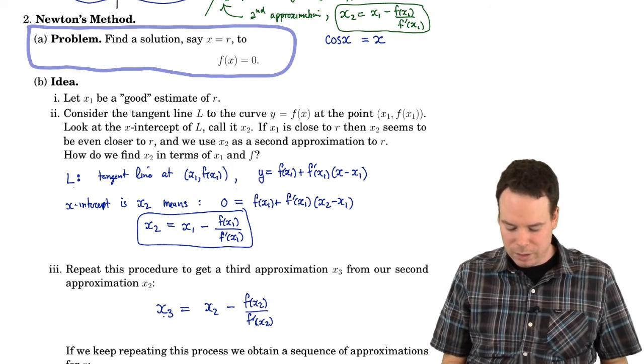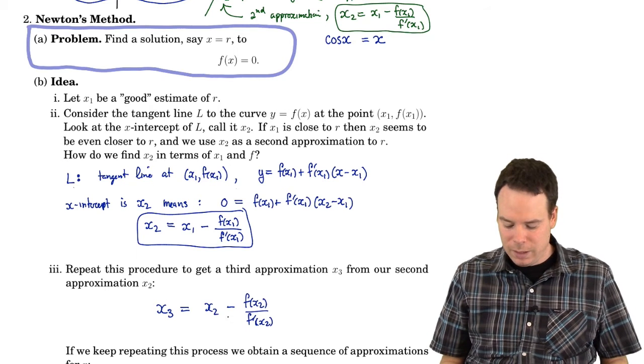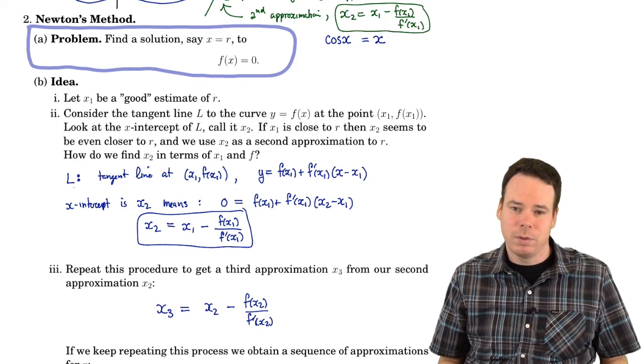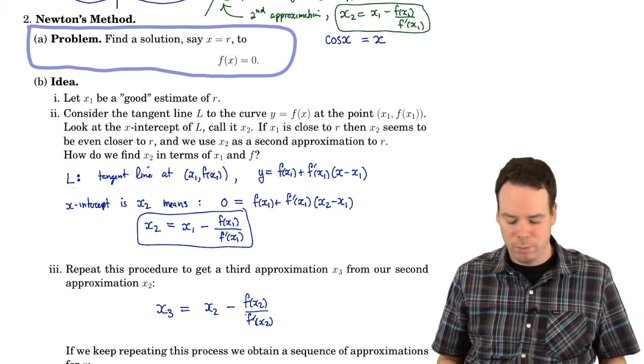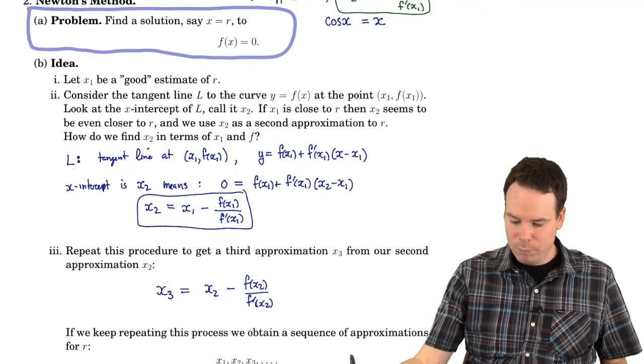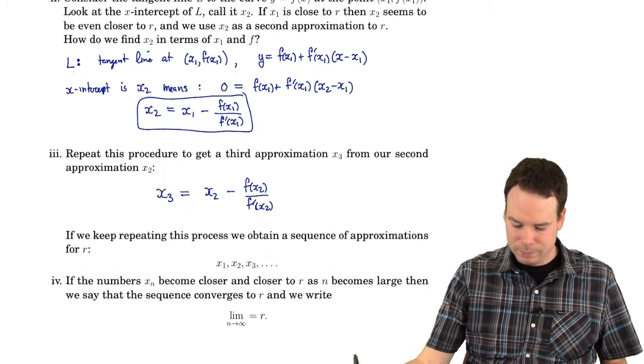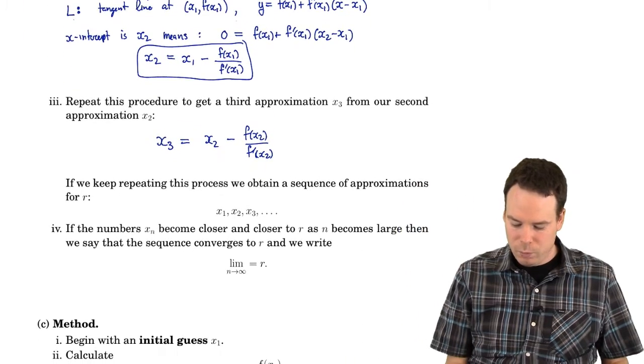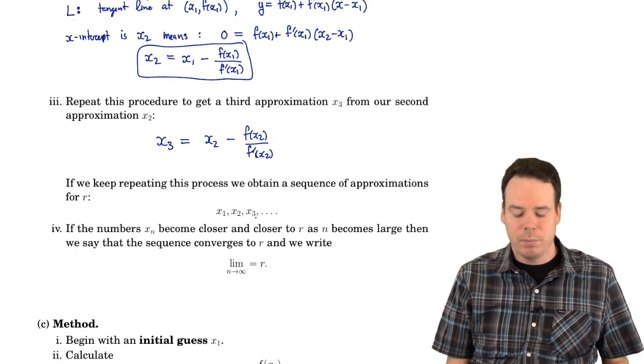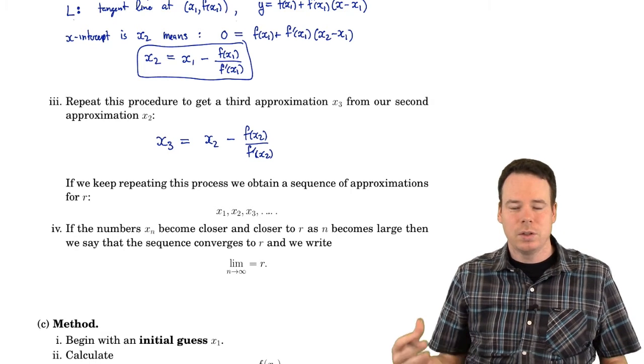To the approximation that comes out, we then feed it back into this machine, where it says now take x3 minus f of x3 over f prime of x3. That gives you your fourth approximation. So if we keep repeating this process, then we should obtain a sequence of numbers, x1, x2, x3, and so on.